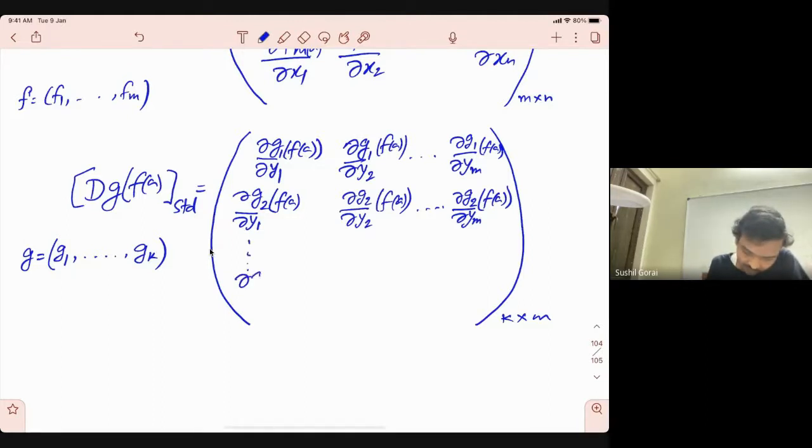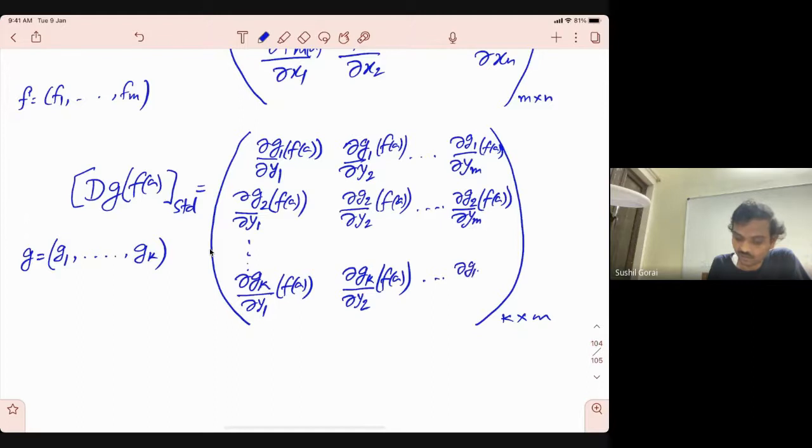In the last row, del gk by del y1 at f(a), del gk by del y2 at f(a), del gk by del ym at f(a).